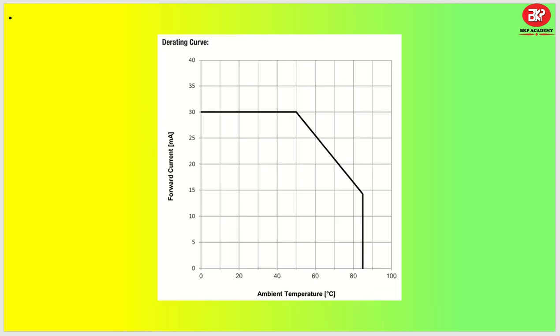Now coming back to the power dissipation part, or the derating curve. As you can see, the forward current goes up to 30 milliamperes, and we have ambient temperatures. If you are continuously working at 30 milliamperes across the LED, then only up to 50 degrees centigrade can you work, otherwise it will fail.